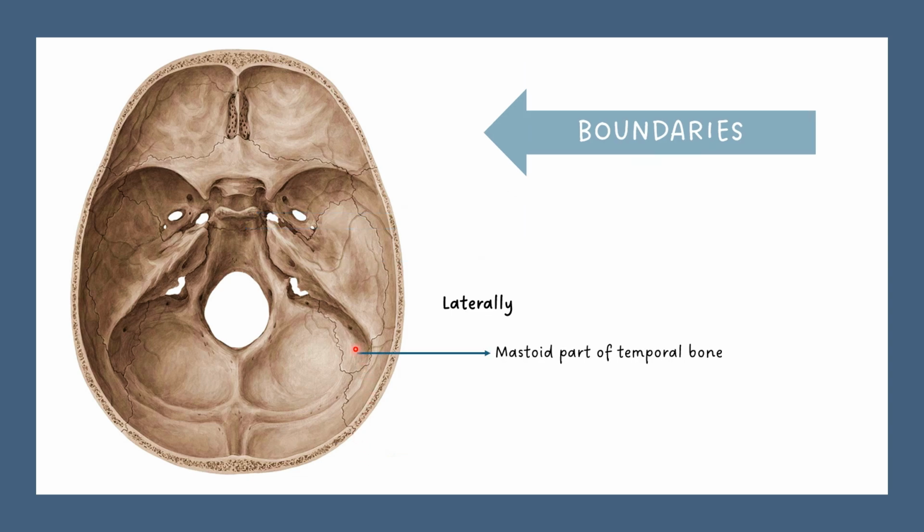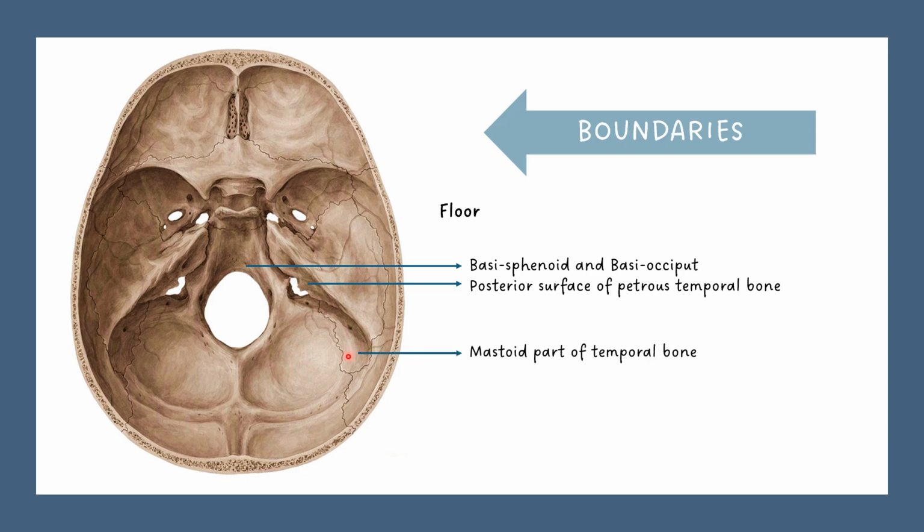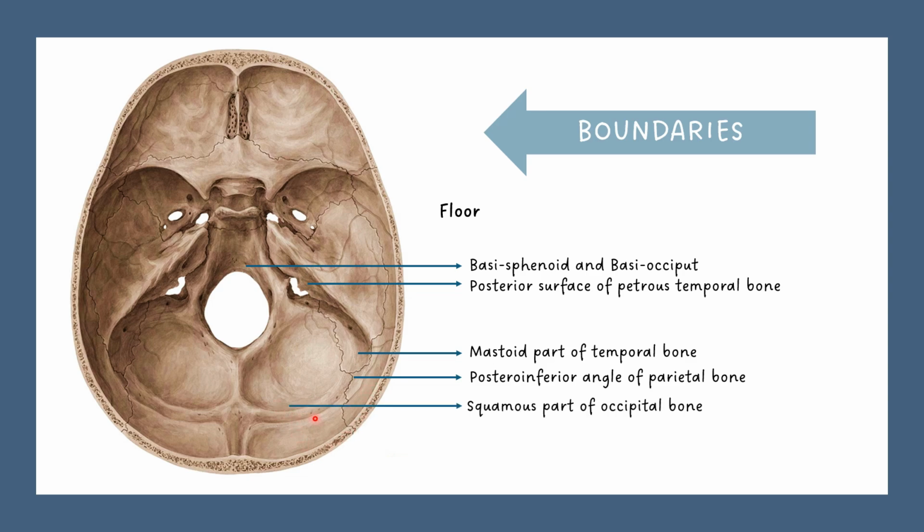Laterally, it is bounded by the mastoid part of the temporal bone and mastoid angle of the parietal bone. The floor is formed by the basisphenoid and basiocciput, the posterior surface of petrous temporal bone, the mastoid part of temporal bone, the posterior-inferior angle of parietal bone, and the squamous part of occipital bone.